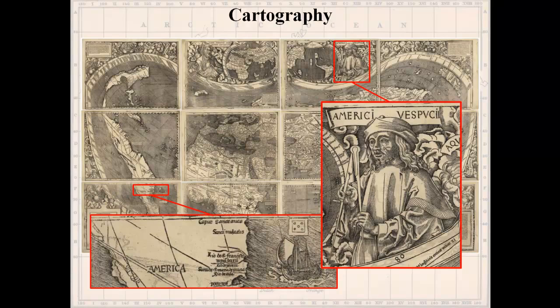This is also after the time that Columbus had sailed across the ocean, but this mapmaker, Waldseemüller, apparently was more impressed with Vespucci's writings, and so he called that part of the world on his map America. So that's the drawing of Vespucci. Over here is Ptolemy, and Ptolemy was one of the first ancients that came up with mapping techniques and projections. So he's another historical figure in map making.